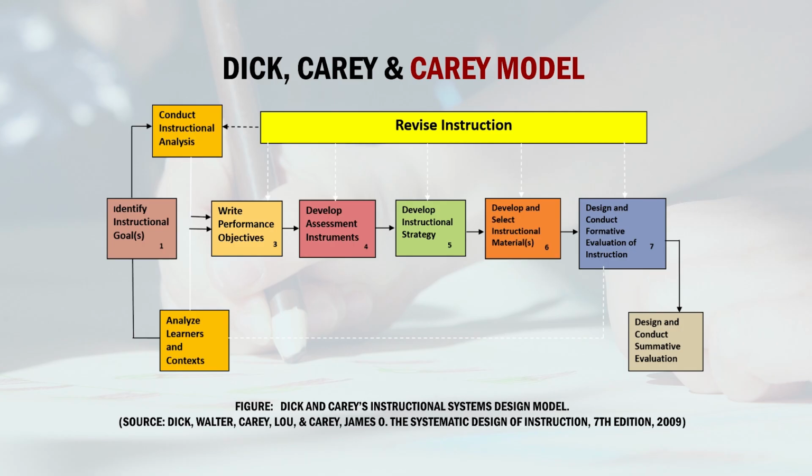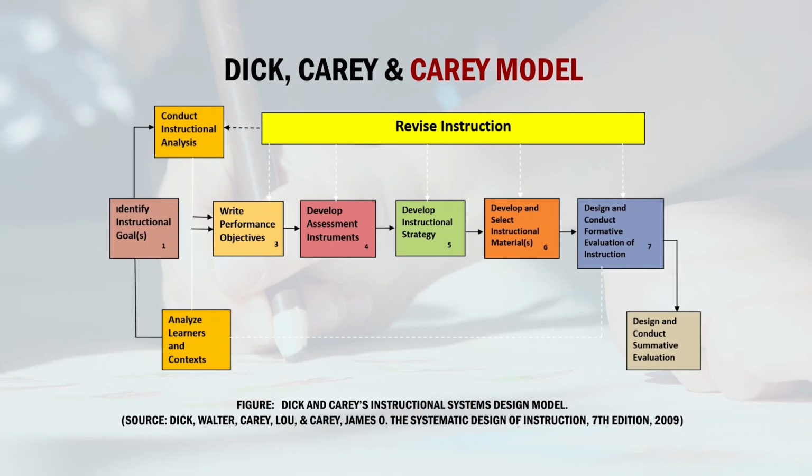Based on this we have to write the performance objectives. Next steps of this model: develop assessment strategies, then develop instructional strategies, then develop and select the content and design the material, then design and conduct summative assessment, then analyze according to the learner's needs whether it is prepared or not.